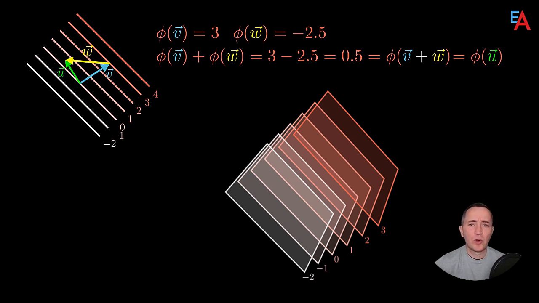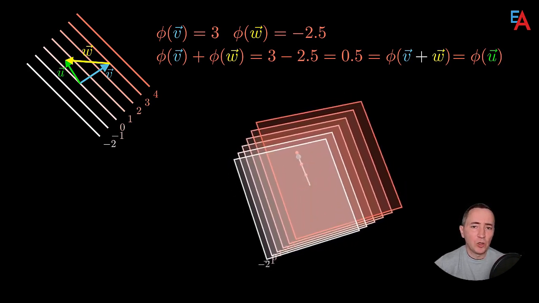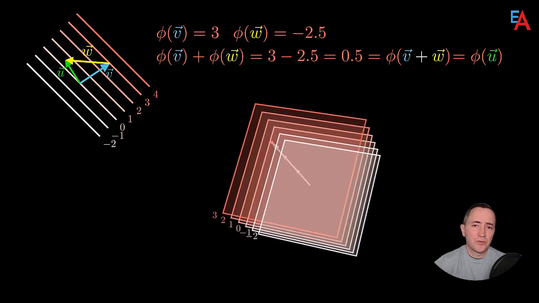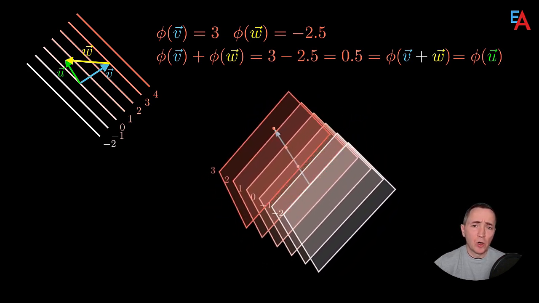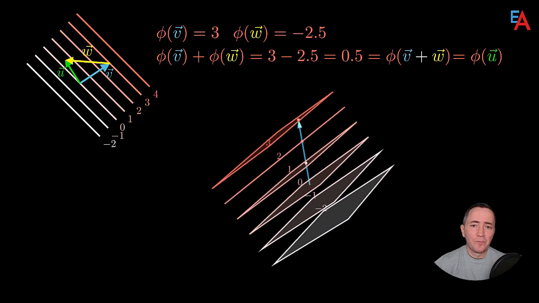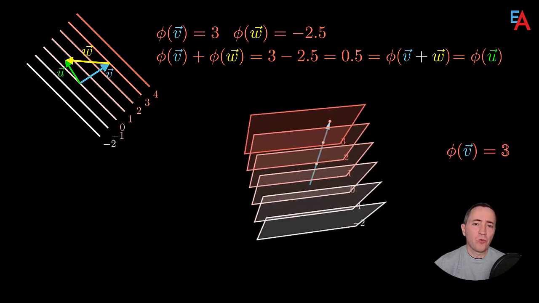And again, when we take any vector which, let's say it would start on this plane and end with the last one I drew, then we will say that the value of the form phi on this vector, which we will denote by v here, this value would be equal to 3.